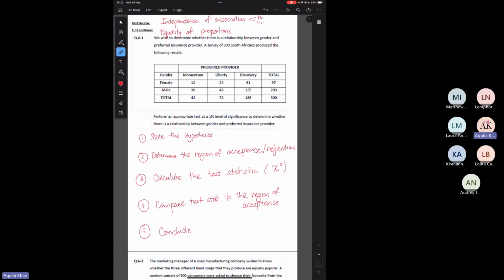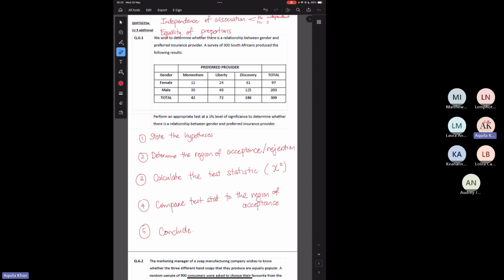So the test of independence must always say in the null hypothesis that the two variables are independent of each other. So I'm just going to write the word independent for now because we'll obviously write it out in a full sentence when we get to the example.